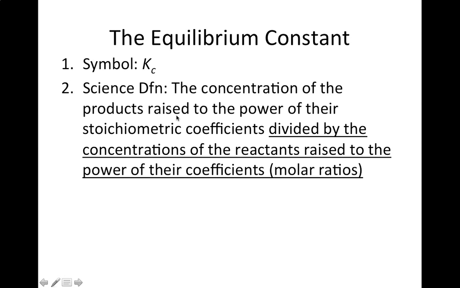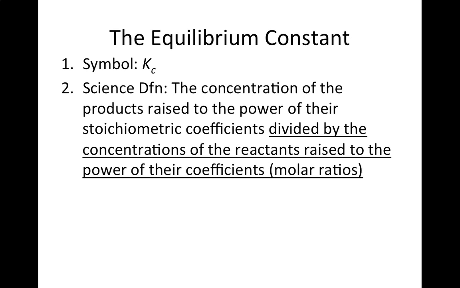The science definition of the equilibrium constant is that the concentrations of the products, so we know the concentration is moles over liters, raised to the power of their stoichiometric coefficients. That means the value that's in front of the formulas after we've balanced an equation, is going to be divided by the concentrations, again moles over liters, of the reactants raised to the power of their coefficients.